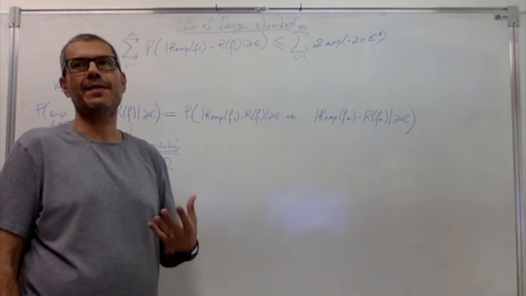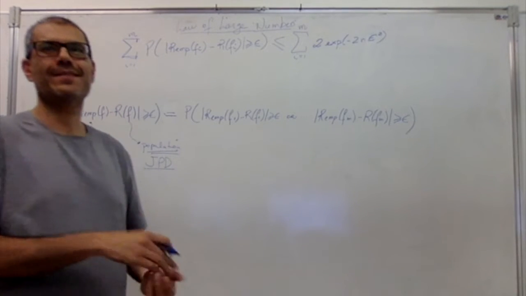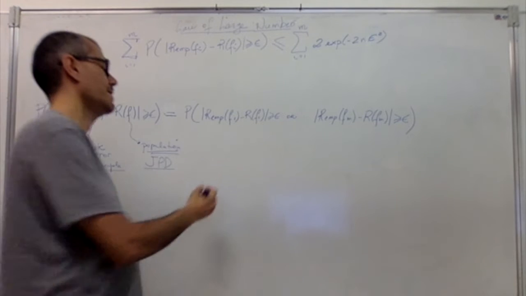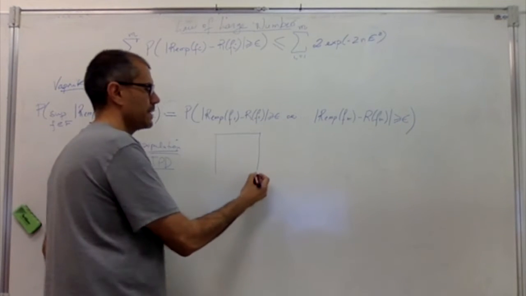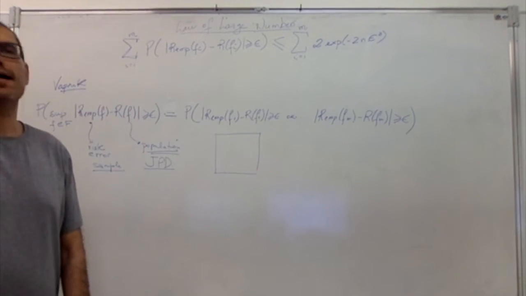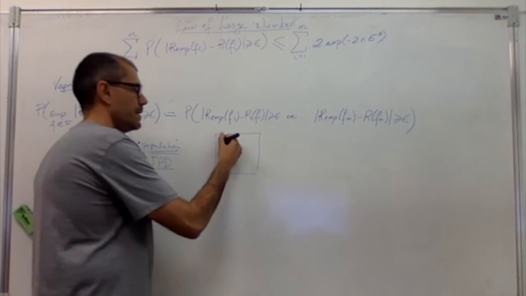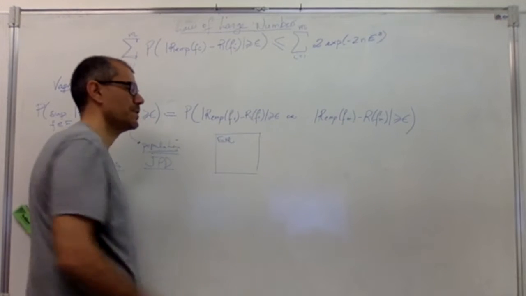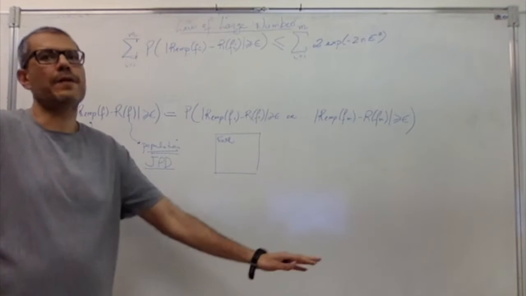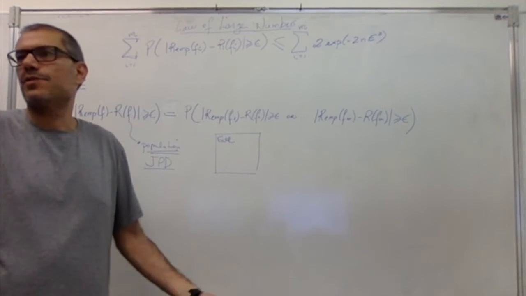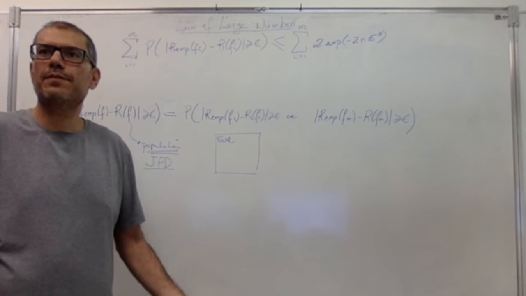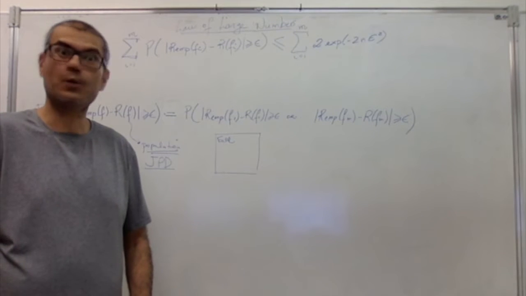What this means, it's better to draw it, because that's going to be easier to understand. If I have a space, could be a square like this, representing all possible functions in the universe, every function. It's not difficult to imagine that. Could be the functions we know and functions we don't know.